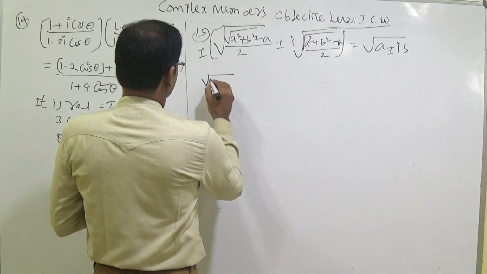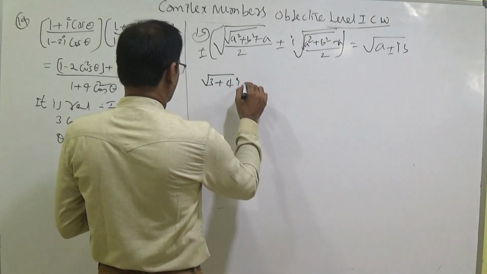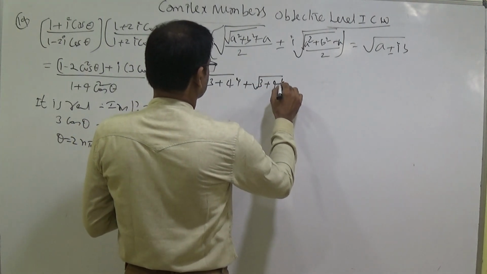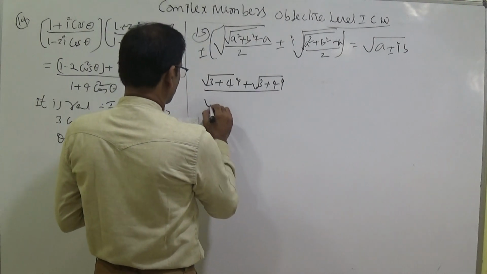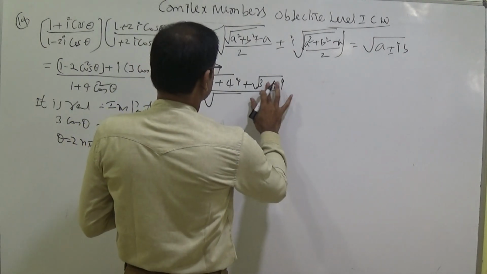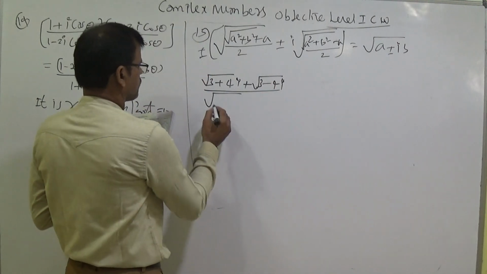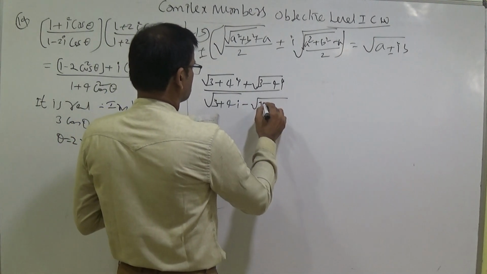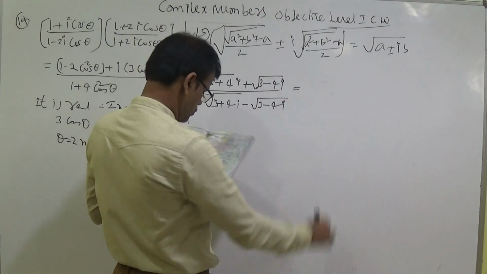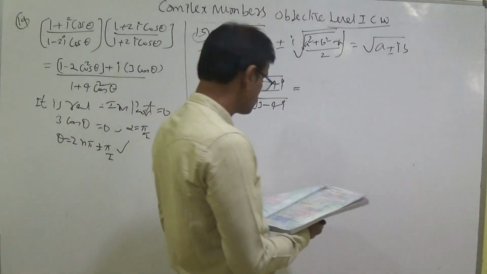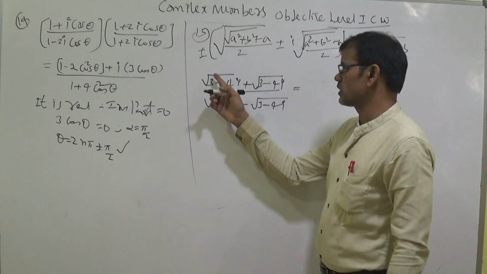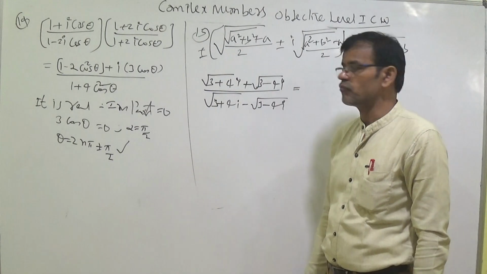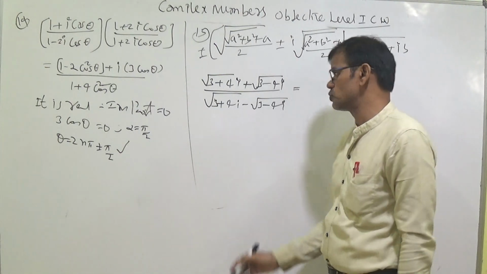15th question is given as root of 3 plus 4i plus root of 3 minus 4i, divided by root of 3 plus 4i minus root of 3 minus 4i. For 3 plus 4i applied, try to understand: this is 9 plus 16, 25, root 25 is 5, 5 plus 3, 8, 8 by 2, 4, root 4 is 2.